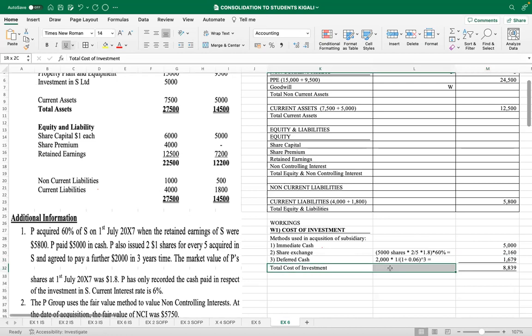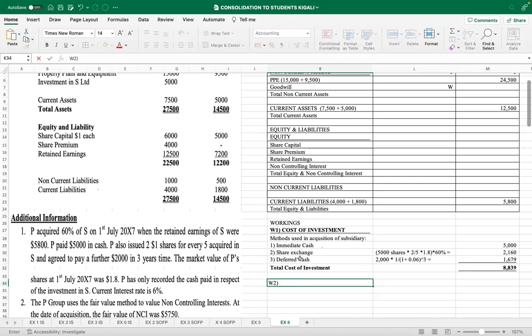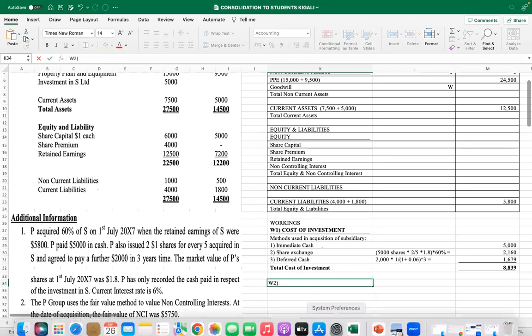Now, once you calculate cost of investment, that is one thing. But we said working two. As a result of share exchange, new shares.